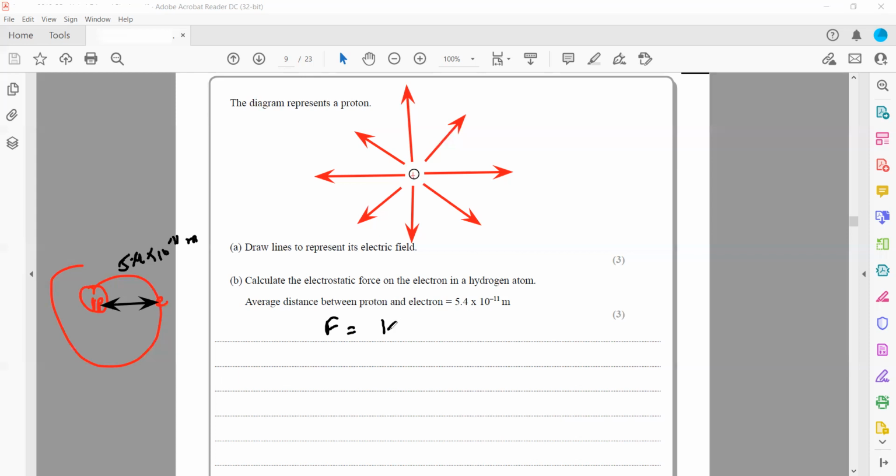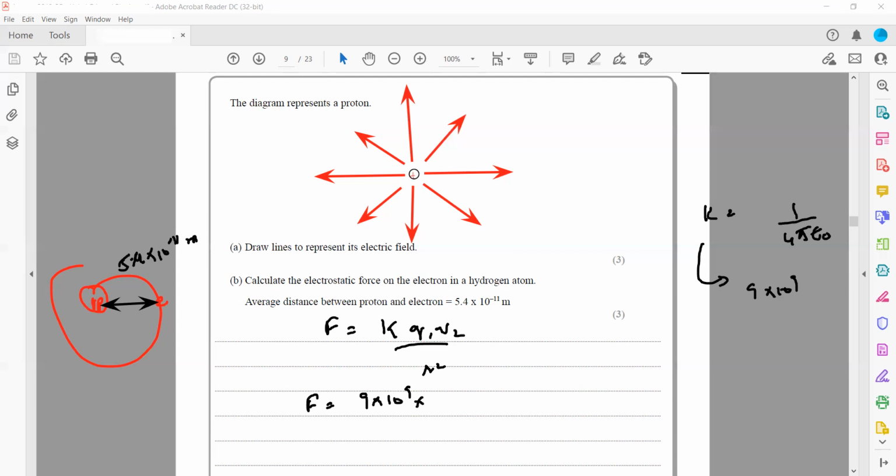The force of attraction or repulsion between the charges is given by the formula K Q1 Q2 over R squared. The value of K is a constant here. K is equal to 1 upon 4 pi epsilon naught, or directly you can take the value of K, which is 9 into 10 to the power 9, multiplied by the charges.